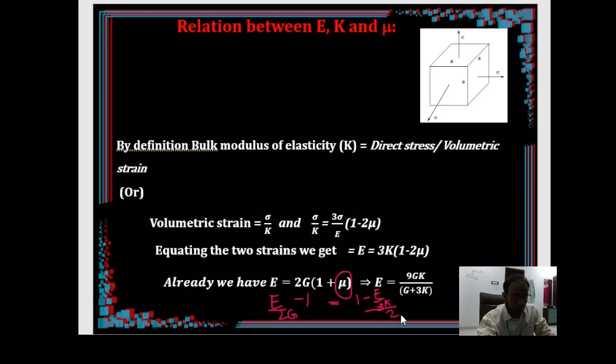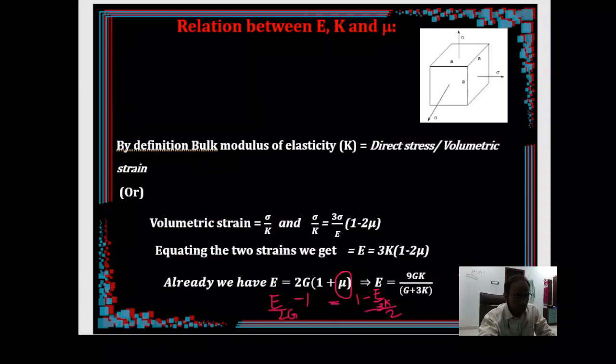We bring this E by 3K to this side, so 2 mu comes to this side: 1 minus E by 3K, divided by 2. If you simplify this, you can separate the constants to one side and you will get the relationship E equals 9GK by G plus 3K. That's how you get the relation between E, G and K.